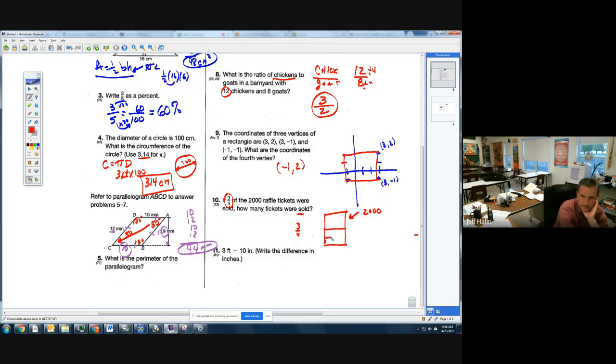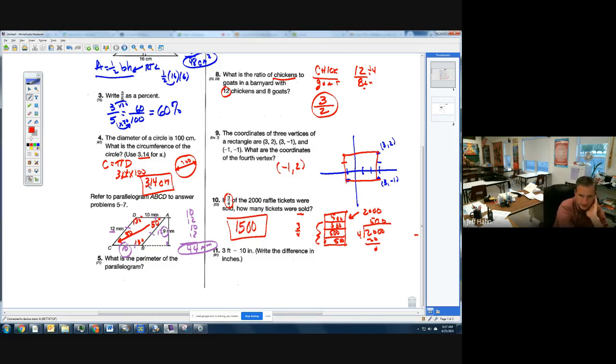If I cut 2,000 into 4 equal pieces, each piece is going to be 500. How many tickets were sold? So 3 of those 4 pieces were sold. If you added those 3 together, it would be 1,500 tickets.